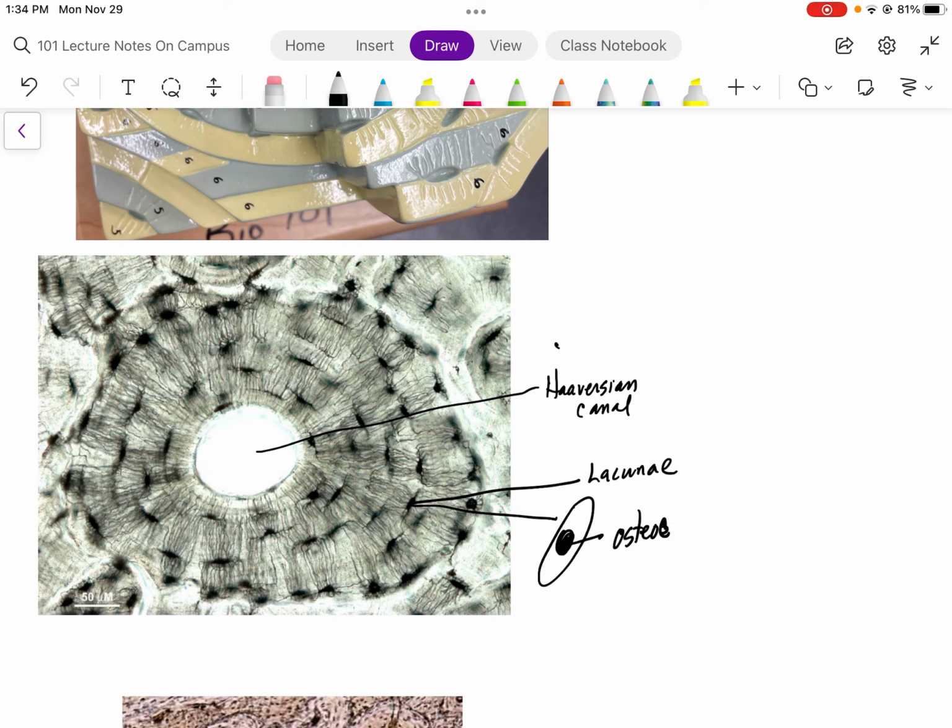If I ask you what cell is in there, you would say osteocyte. If I ask you what the structure is, it's a lacunae. And then you can see all these little lines growing out between them, and those are the canaliculi. Oops, my handwriting is not so great today. Let's get that fixed up.